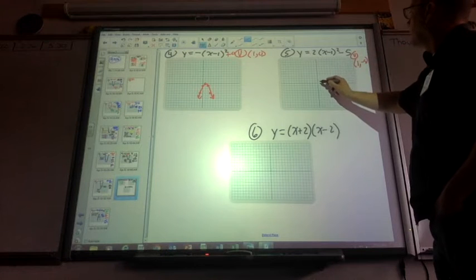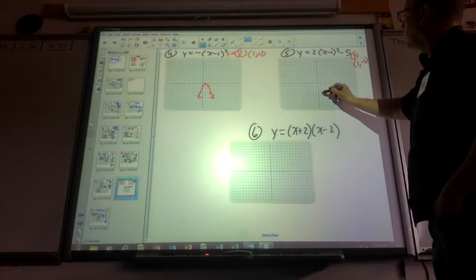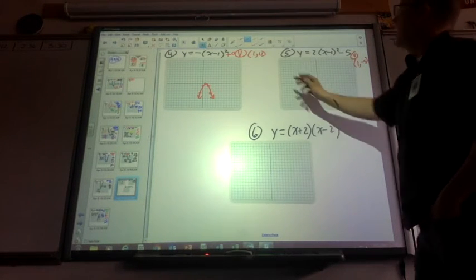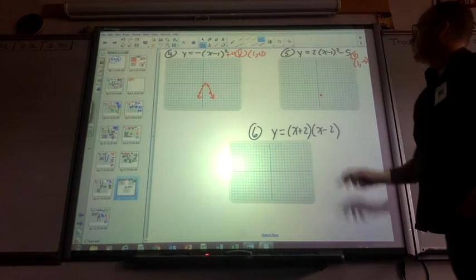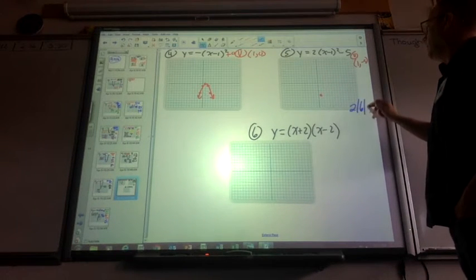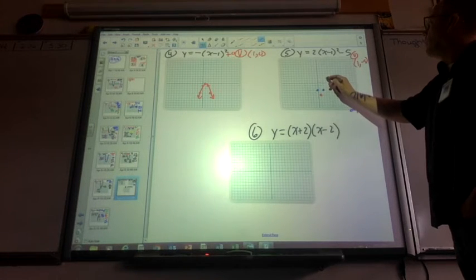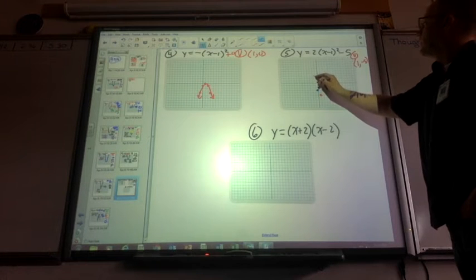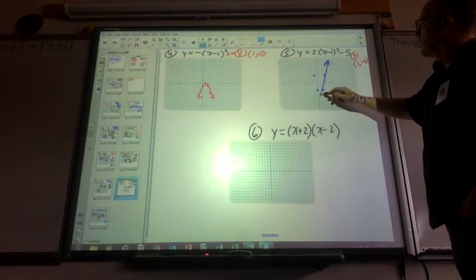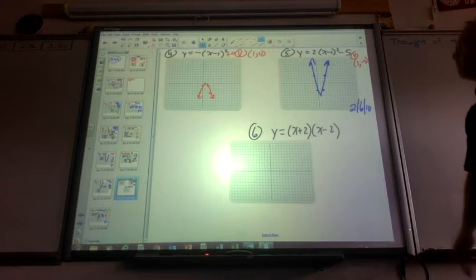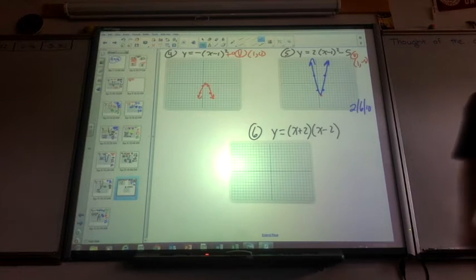Agree? How do I pattern graph? 2, 6, 10 on this one, right? So right one up 2, left one up 2. Find the y-intercept. Right one up 6.